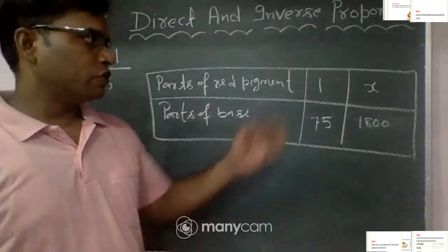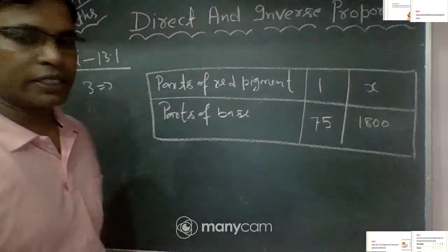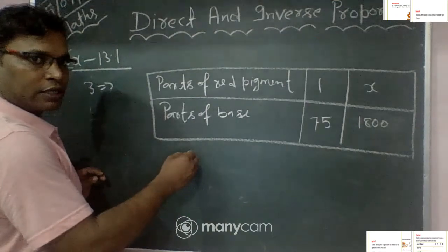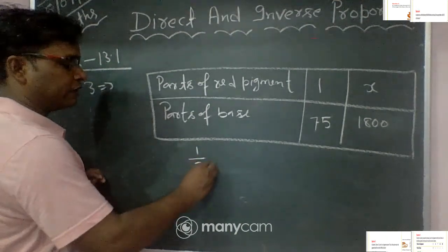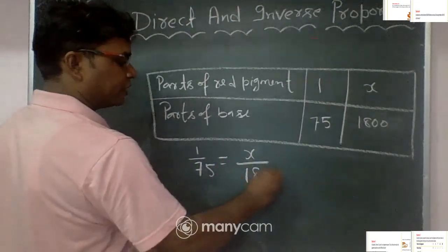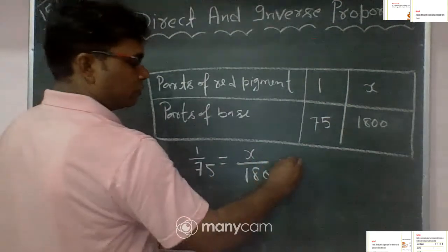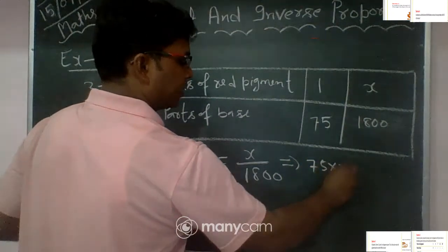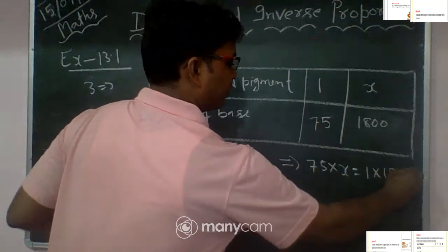So ratios are equal. So 1 by 75 is equal to X by 1800. Because this is a case of direct proportion, we can write 1 by 75 is equal to X by 1800, and by cross multiplication we find that 75 into X is equal to 1 into 1800.